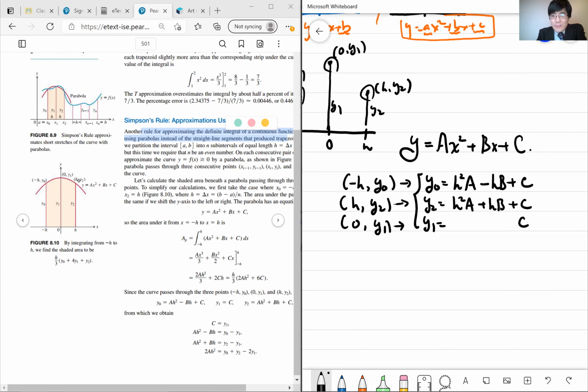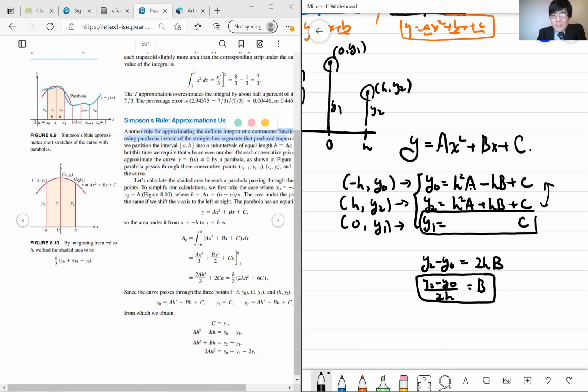Now, c is obviously equal to y1, so that's done. Next we need to find a and b. Let's subtract one equation from another: y2 minus y0 is equal to 2h times b, so b is equal to y2 minus y0 over 2h.